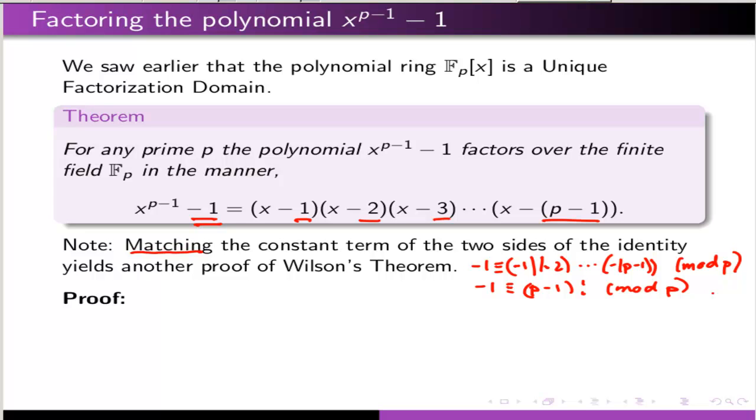To prove this, it's very quick. We just use Fermat's little theorem.